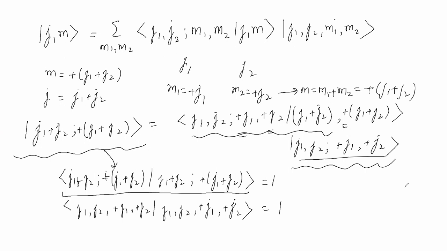When I take mod square on both sides, I will have this quantity and the conjugate of this quantity. This is the ket, and the conjugate will be a bra, while this quantity is nothing but a Clebsch-Gordan coefficient, and its conjugate is obtained by interchanging the ket and bra.